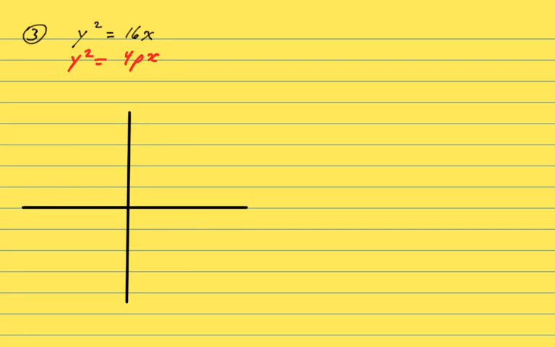So number 3 says y squared equals 16x. The formula is y squared equals 4px. As I told you, all of ours are going to be centered at the origin, or have a vertex at the origin. So it's at 0, 0.